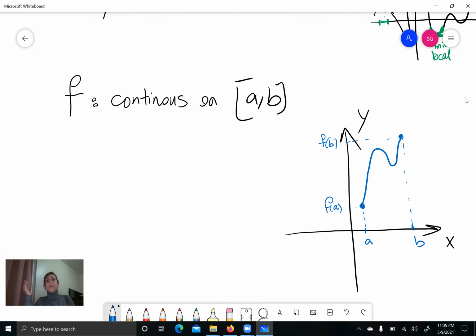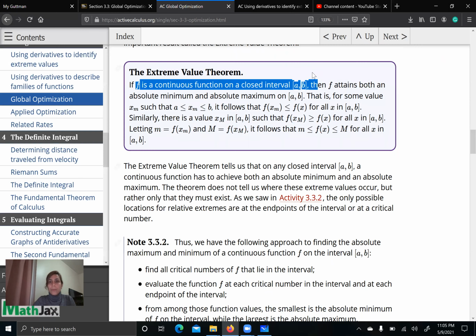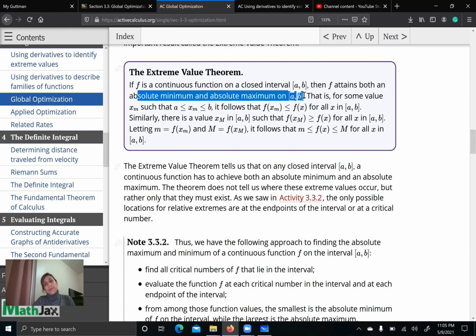I mean, it can be any graph, but because it says continuous, it should be a curve. So I'll just draw a random curve that is continuous, okay? So f is continuous on the closed interval, and then f attains both absolute minimum and absolute maximum.